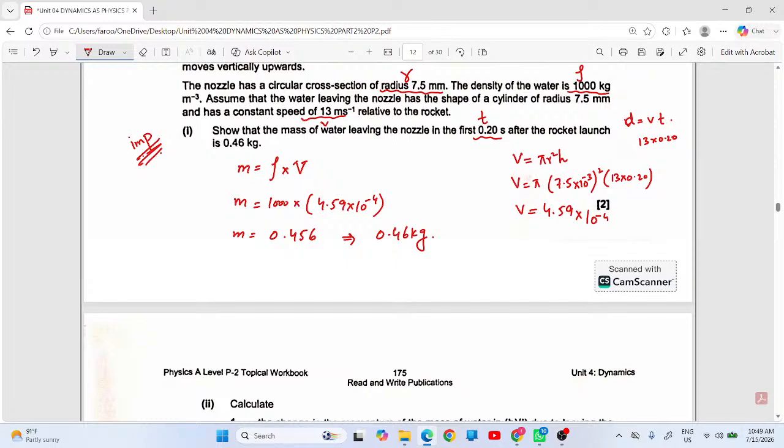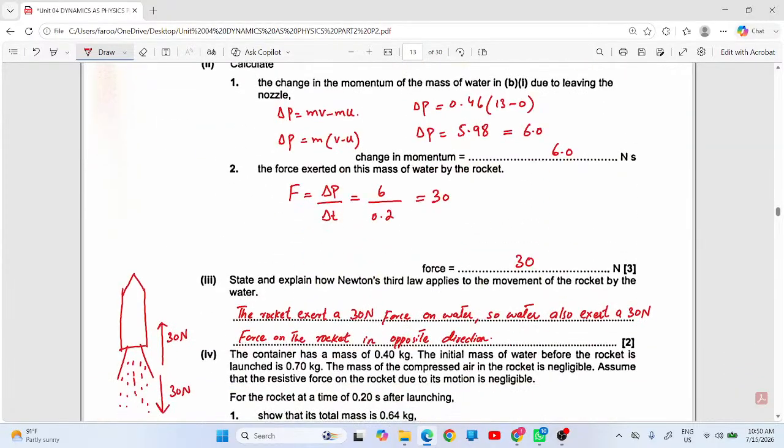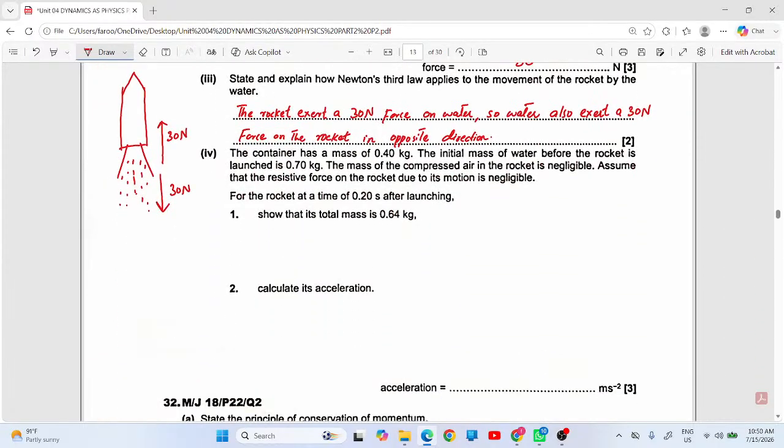Now we find the total mass of the rocket at time 0.2 seconds after launch, so that its total mass is 0.64. This is the total mass of the rocket after launch, so remember this. It is written that the container has a mass, this is the container, and the initial mass of water before the rocket is launched.